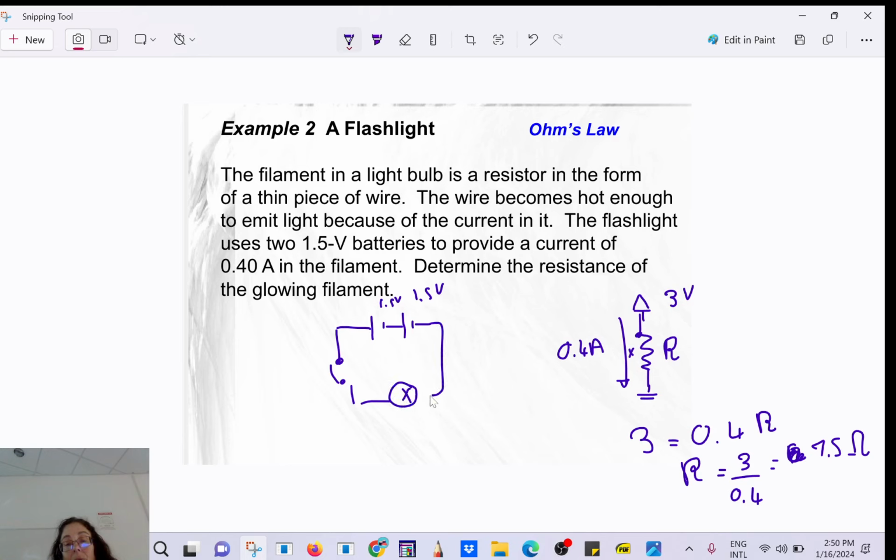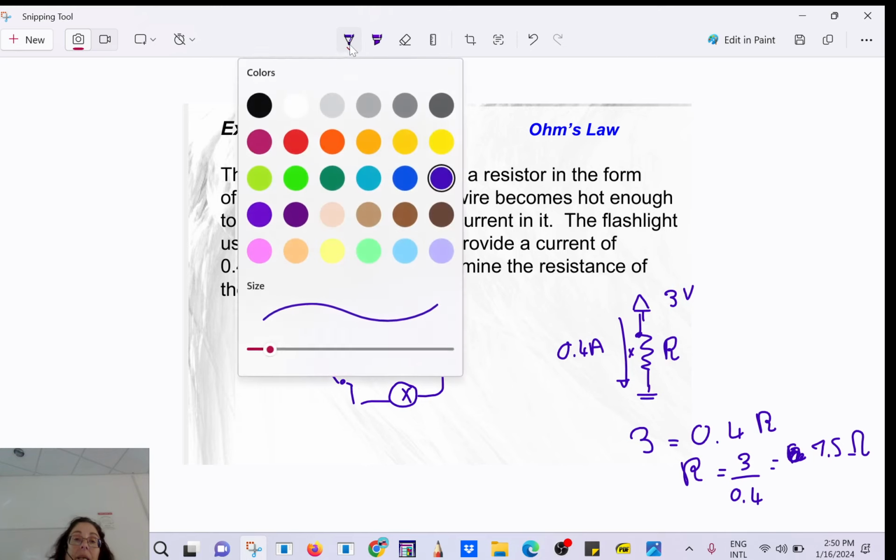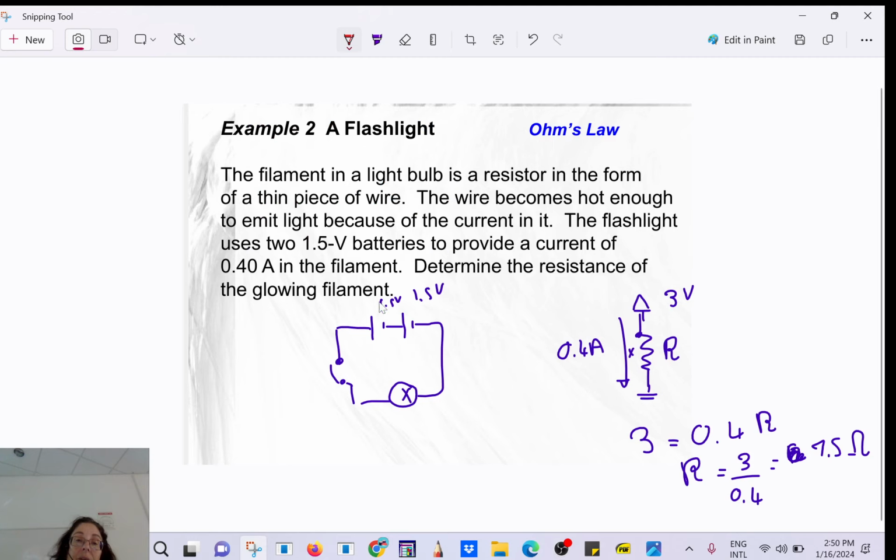And I'm going to close the circuit. So that's my switch. And then you see that the current is always flowing from plus back to minus.